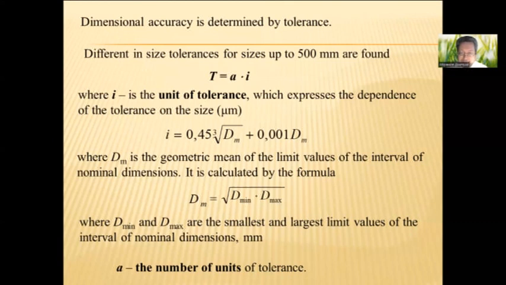It is calculated by the formula D suffix m is equal to the square root of D minimum multiplied by D maximum, where D minimum and D maximum are the smallest and largest limit values of the interval of nominal dimensions in millimeters. So that was I. I is the unit of tolerance, and A is the number of units of tolerance.